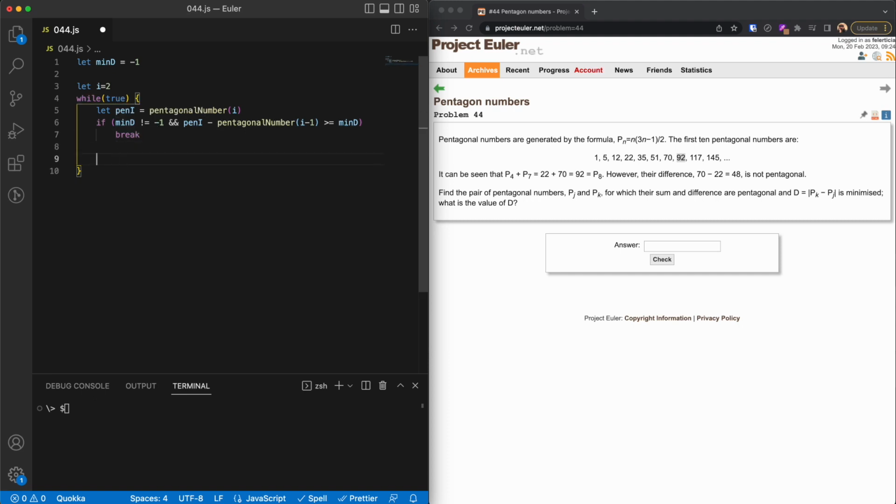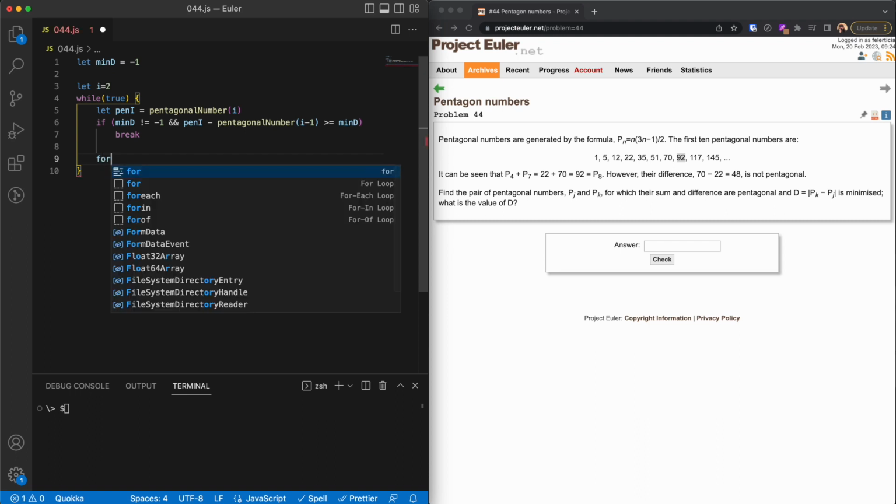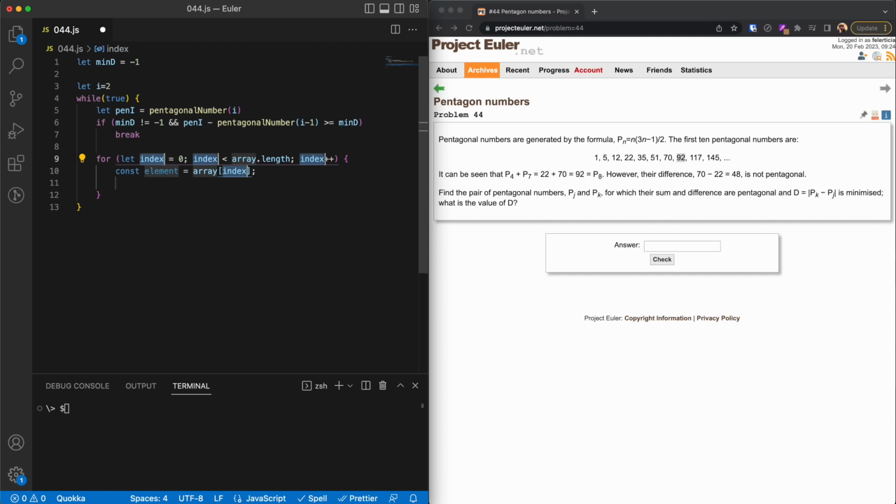Otherwise, which is usually the case, we need to go downwards until we find something. So I would say go from j equals I minus 1 until j is greater or equal to 1, and we are going downwards.